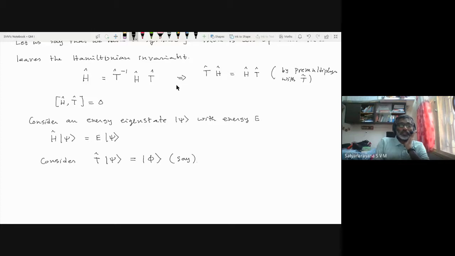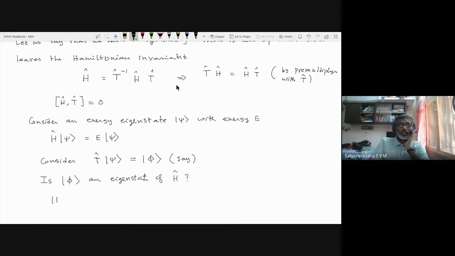Now we ask a question, with the same logic as what we did in the harmonic oscillator: is phi an eigenstate of H?